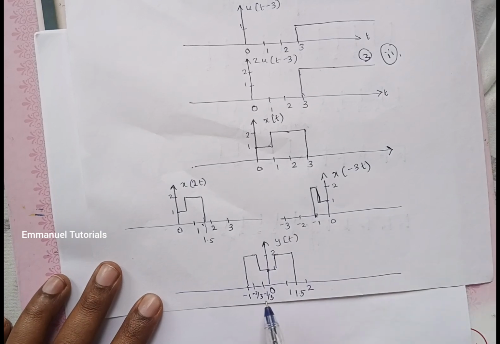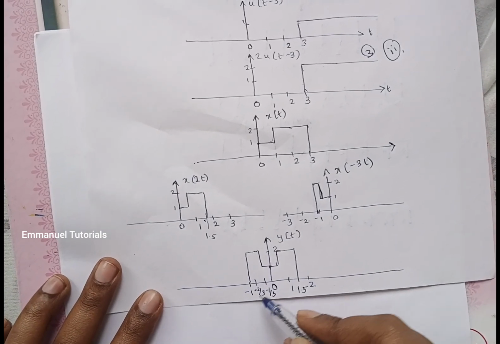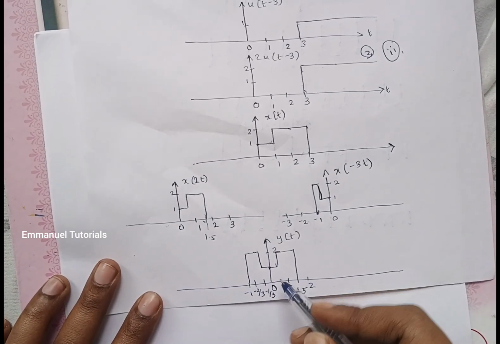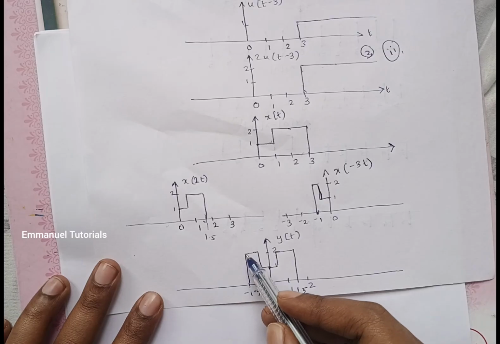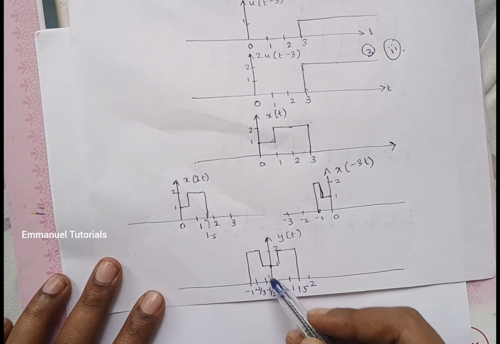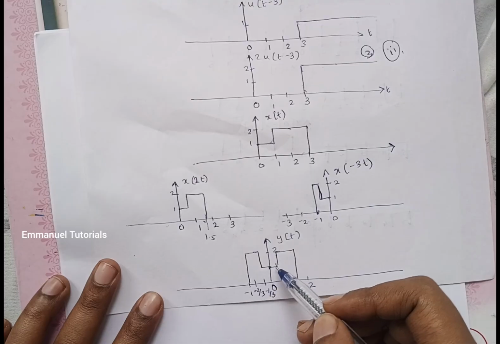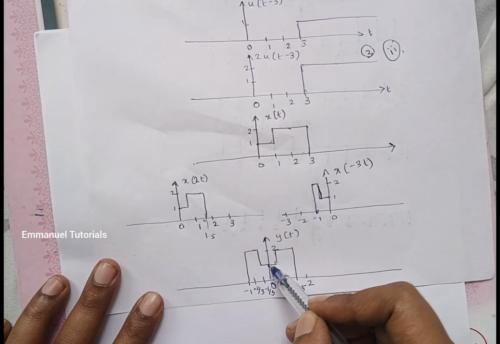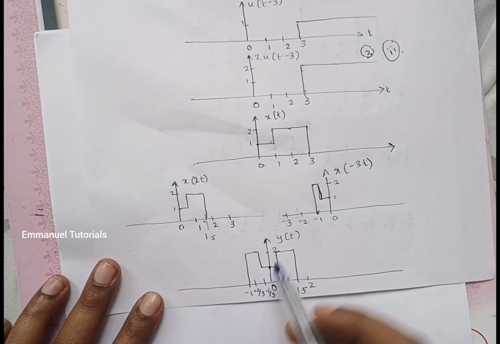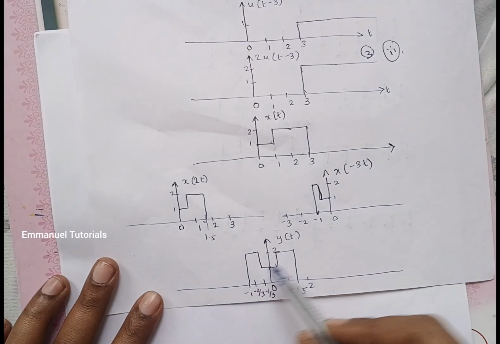So that is what I have done here. You can see clearly that at minus 1 it is 1, at minus 1 by 3 it goes down, and it comes to 0, it comes to 1 at 0. So the shape remains as it is.